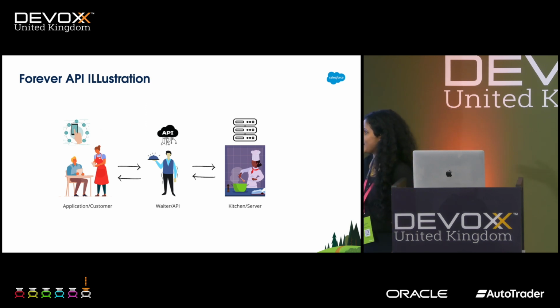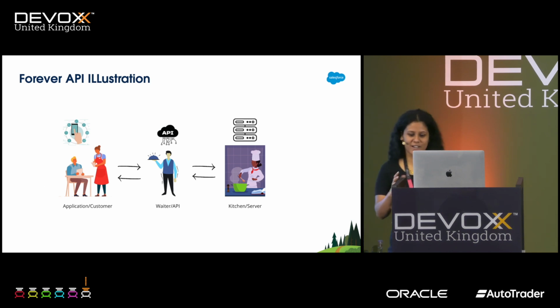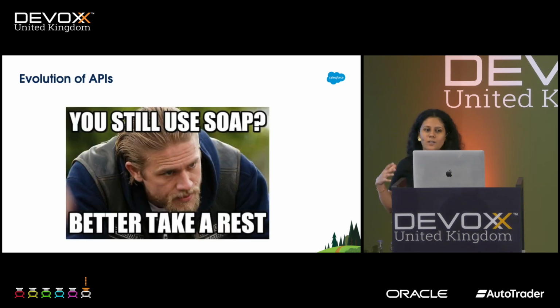The waiter is the API here, getting the information from the front end systems or different applications, which could be a customer, and then the API takes the data back and processes it with the backend system, which could be a kitchen or a server. This is a quite popular analogy, and today we are going to talk mainly about what we can do with APIs with the advent of AI.